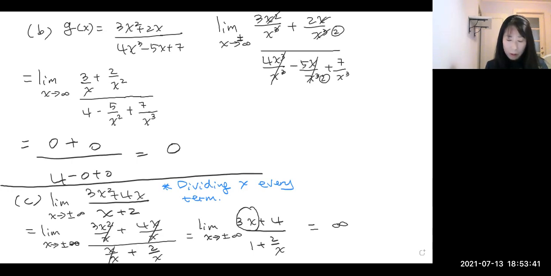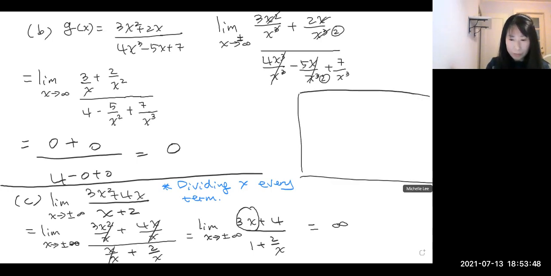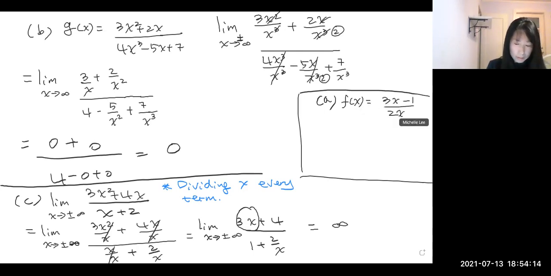Okay, all right. Let me give you a tip. The first one, let me write down A. So A was, oh, wait a minute, hold on one second, let me fix this one. We have 3x minus 1 over 2x plus 5.